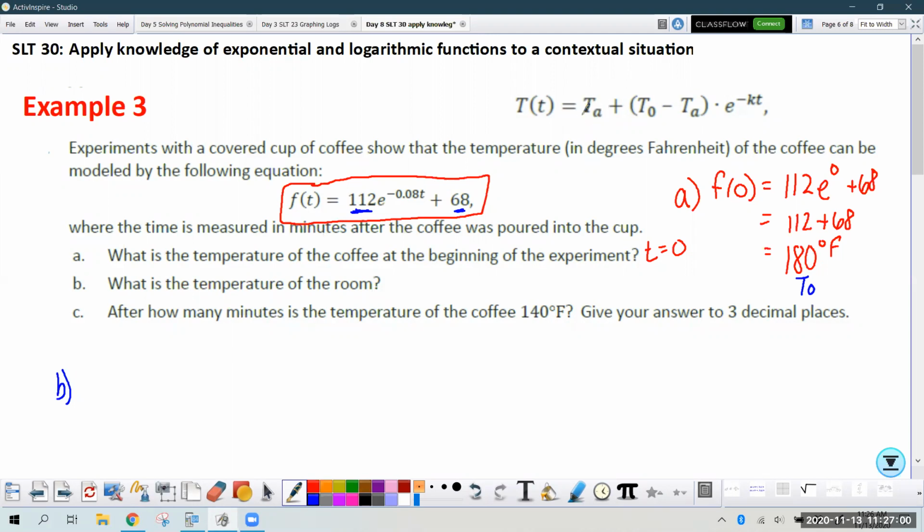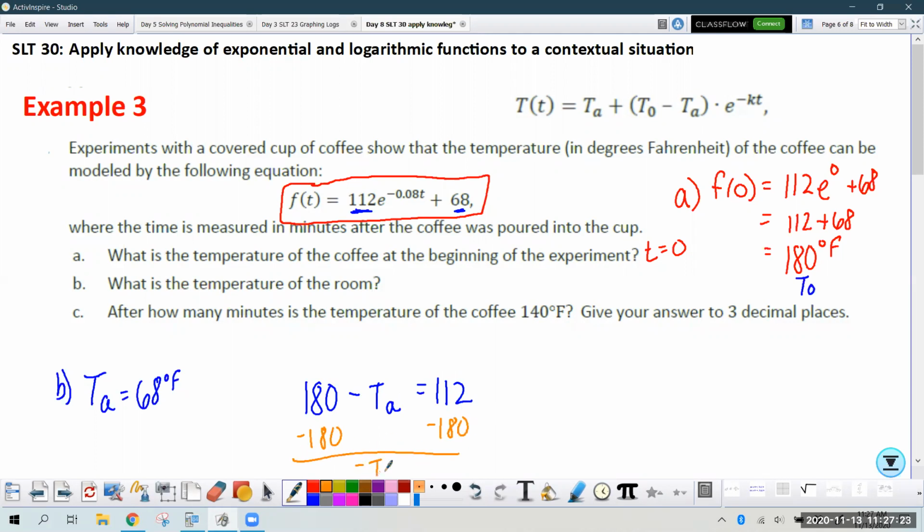T sub A, that room temperature, is the constant, it's 68. If I didn't want to use it that way, what I could say is, oh, I know 180, which is the initial temperature, minus the ambient temperature has to give me 112. And I could solve for it. So negative TA is negative 68. So then positive 68 is your answer.